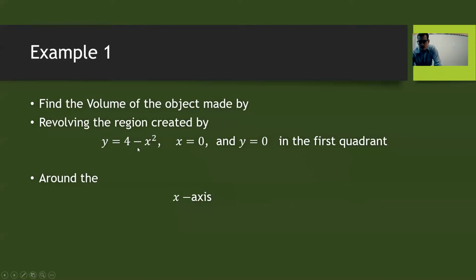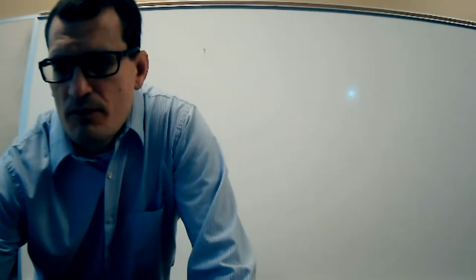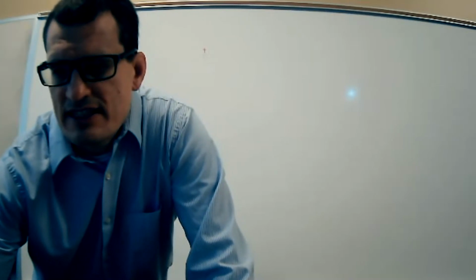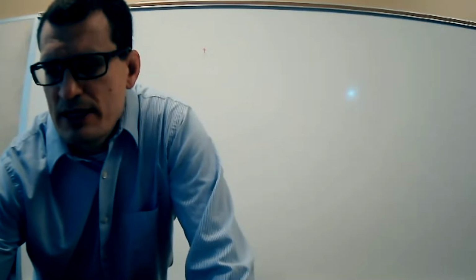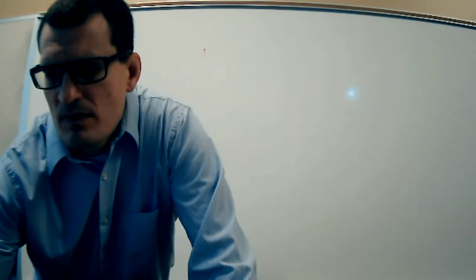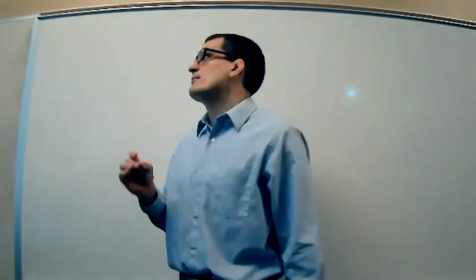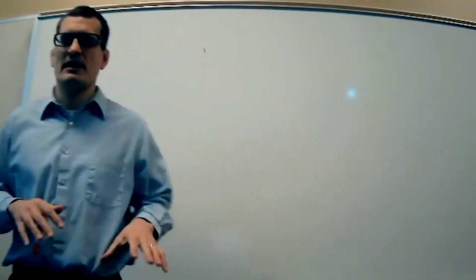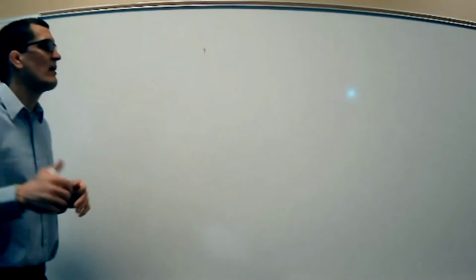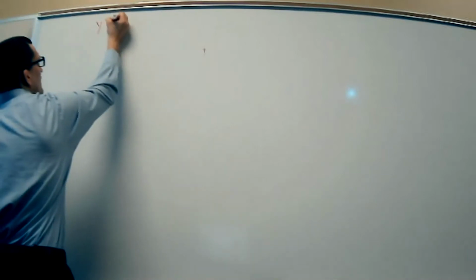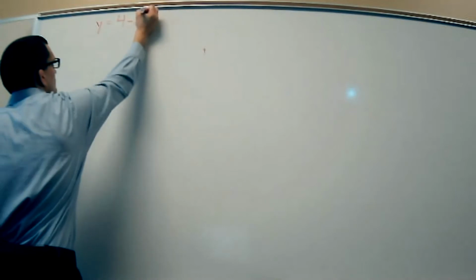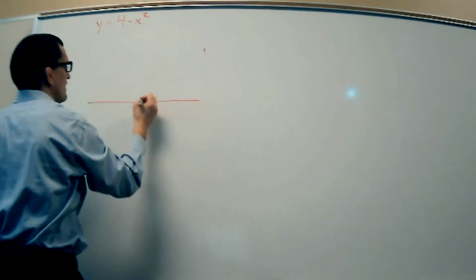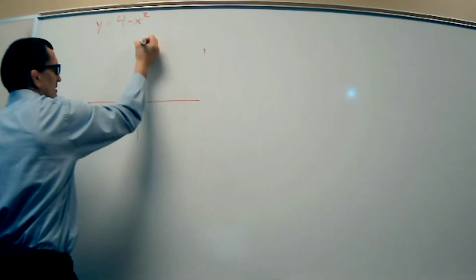So I'm going to graph this region. You can do this utilizing anything you want. I'm going to bring up Desmos. You know what? No, I apologize. I'm going to draw it on the board, so that I can do things on the board. So first one, y equals 4 minus x squared. If you graph this, I'll let this be the x and y axis.